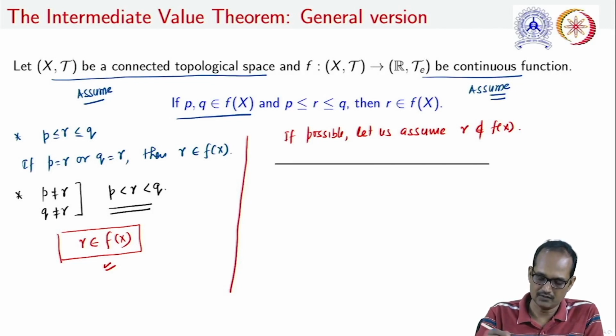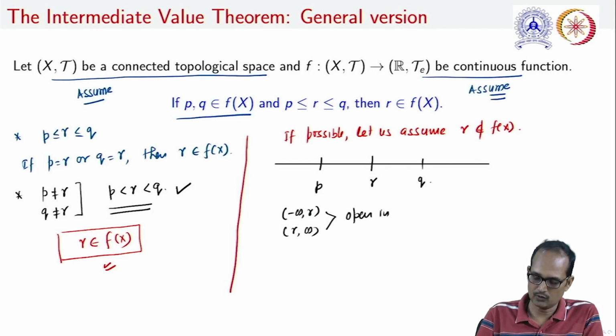Let us take this real line, and this is r. As per our assumption, p is less than r, and q is greater than r. If we take two sets, one is minus infinity to r and another is r to infinity, note that both are open in this Euclidean topology, that is, open in R.